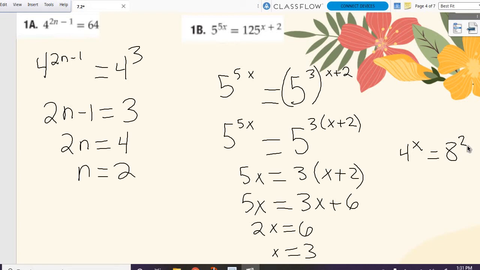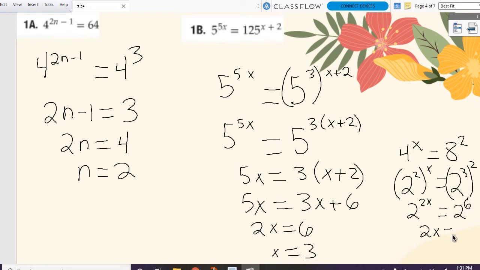I can rewrite it as 4 times 2, but that's not with exponents, and we have to use exponents when we're rewriting. But notice that we could rewrite both of these with a base of 2. So we would have 2 squared and 2 to the third. So we end up with 2 to the 2x equals 2 to the 6th. So 2x equals 6. So x has to equal 3.